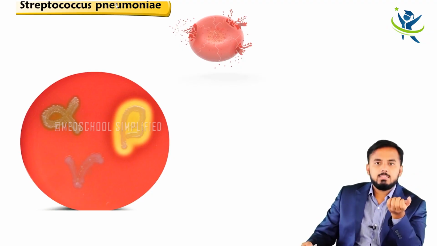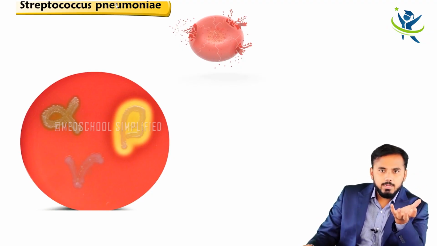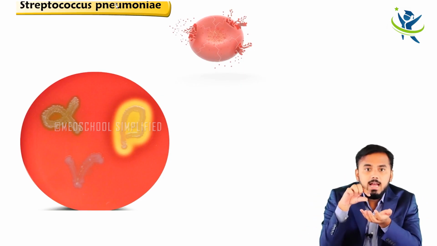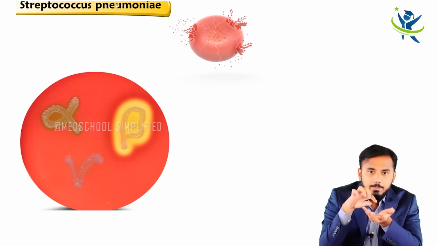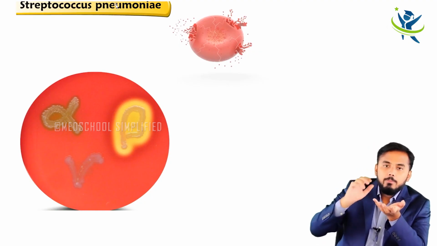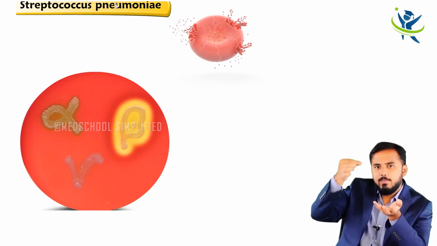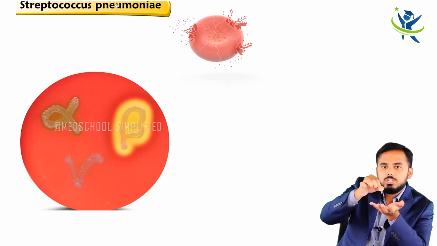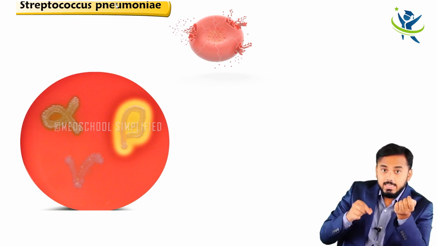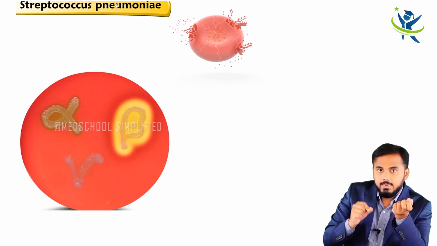For this beta, what I have done is taken an agar plate, a blood agar plate. Why am I calling it blood? Because I have added sheep RBC. Now I have taken some bacteria and drawn them in the shape of beta. So this beta letter exactly has that bacteria.